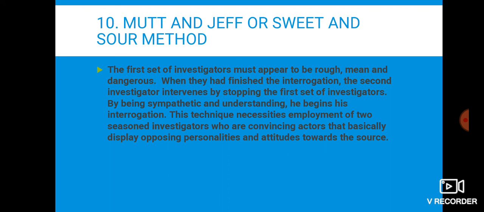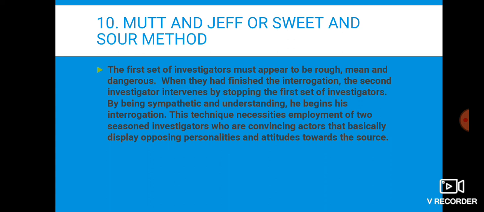By being sympathetic and understanding, he begins his interrogation. This technique necessitates the employment of two seasoned investigators who are convincing actors that basically display opposing personalities and attitudes towards the source.